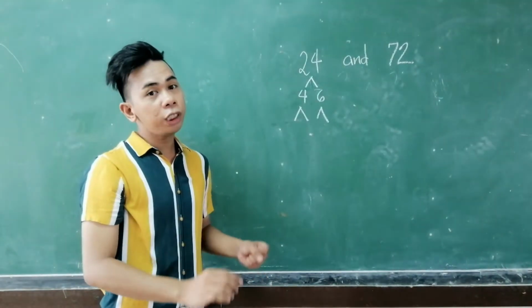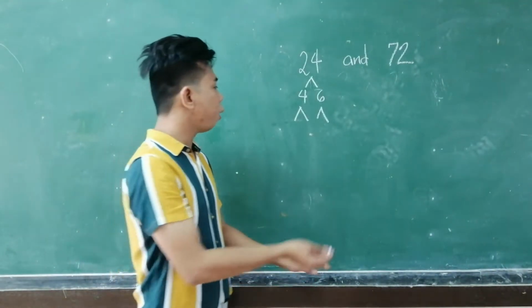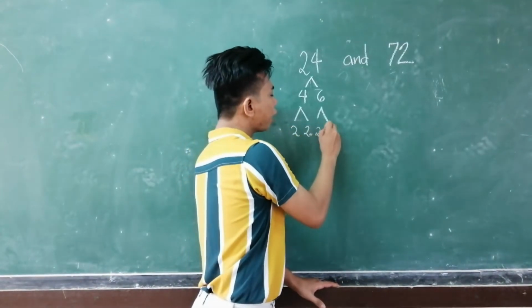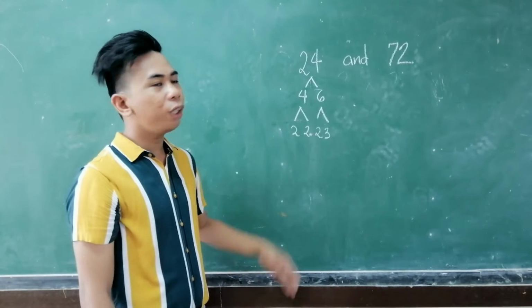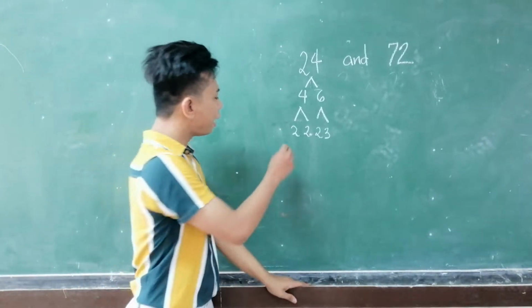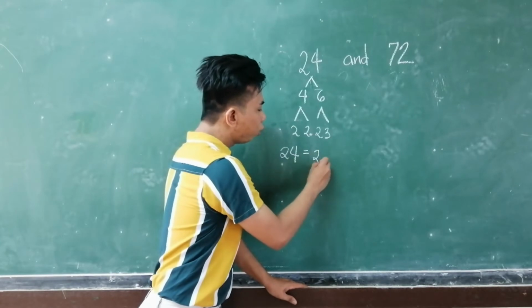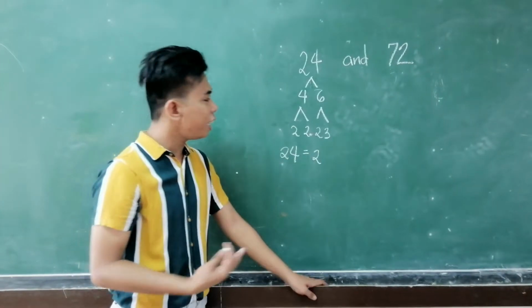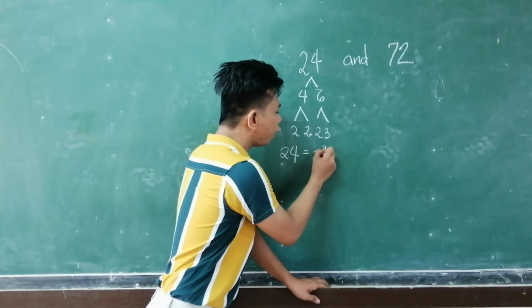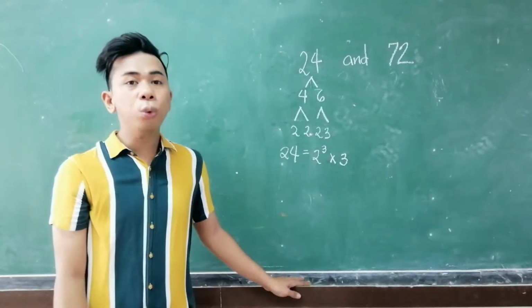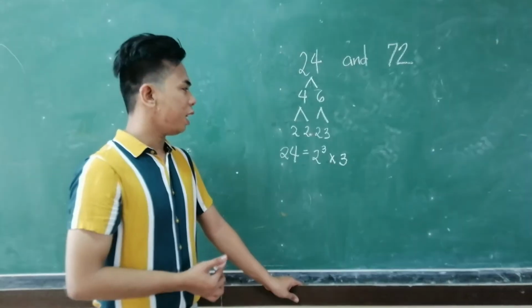So we better represent those as prime factors. So we have 2 times 2 and 2 times 3. Therefore, 24 equals 2, and it is repeated thrice, so we put our exponent 3, times 3. So 24 is 2 cubed times 3.